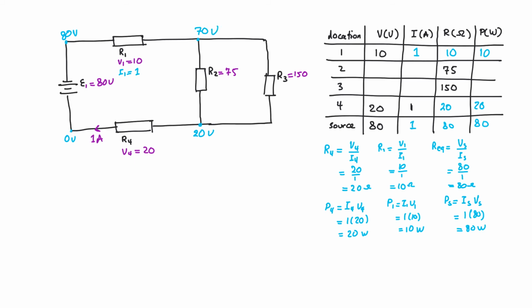And that's going to help us solve everything else because we know that when 1 coulomb of charge comes here, it has potential of 70. And when it goes here, it's going to lose 50 in order to get here with 20. So we know that the voltage across resistor 2 is going to equal 50, which is the difference of 70 and 20.